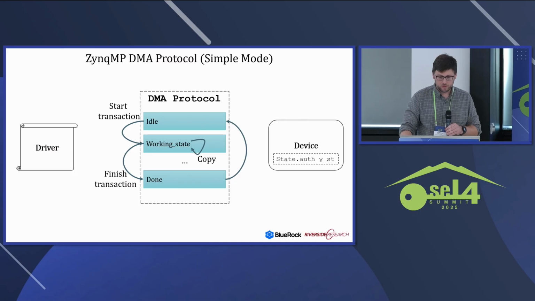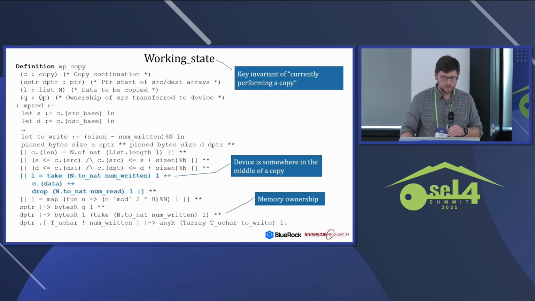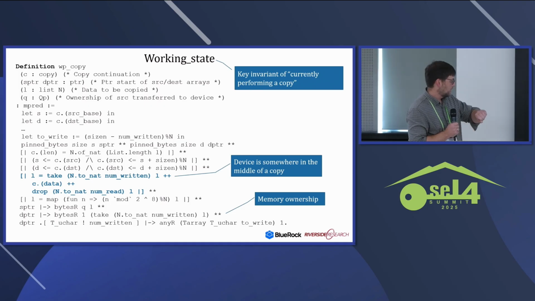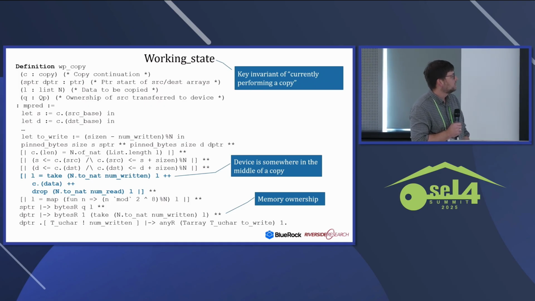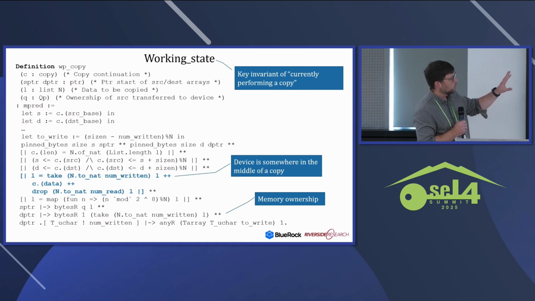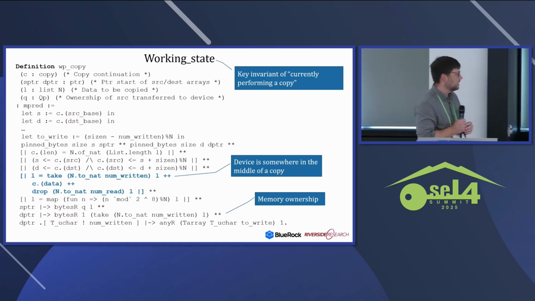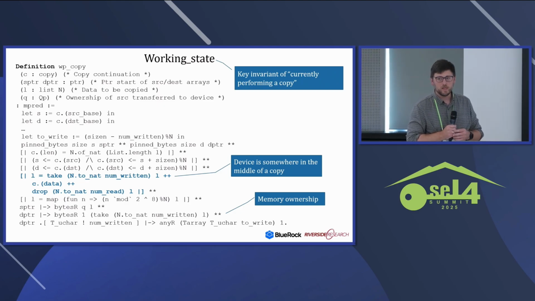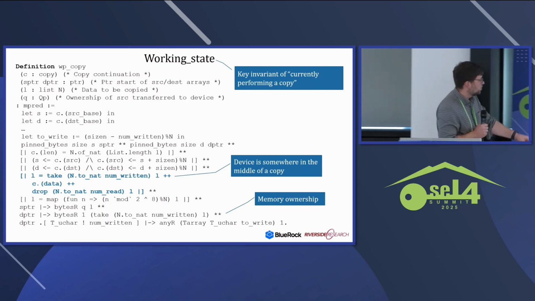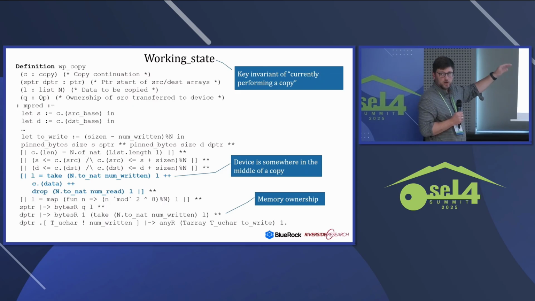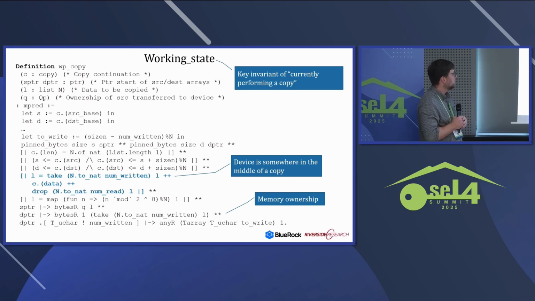And just to give you a flavor here, I realize I'm going a little bit fast. To give you a flavor of the kinds of invariants we need to build for driver verification, this is an example of part of the working state invariant for our ZCU102 DMA proof. I'll just point out a couple of interesting things here. This is a predicate in separation logic. And these things in the brackets here are pure properties about various variables mentioned in the predicate.